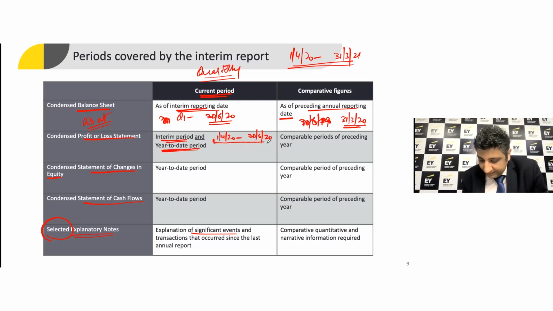So effectively, as far as the first quarter is concerned, I'm only required to prepare one statement of profit or loss. And I would also be preparing the comparable statement of profit or loss as far as the previous year's same quarter is concerned. So this is my Q1.